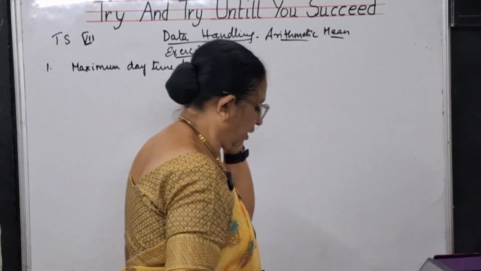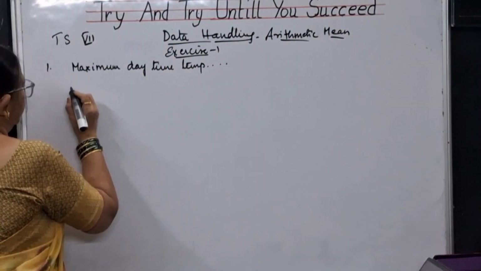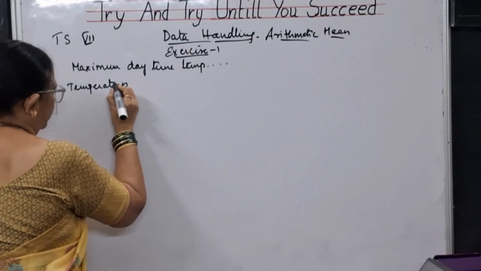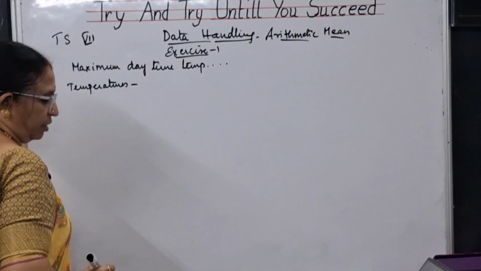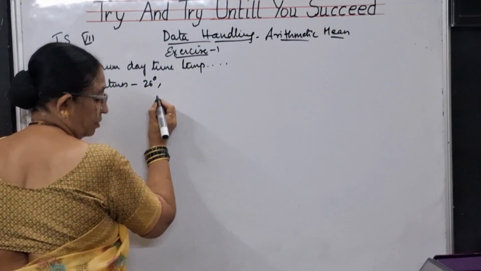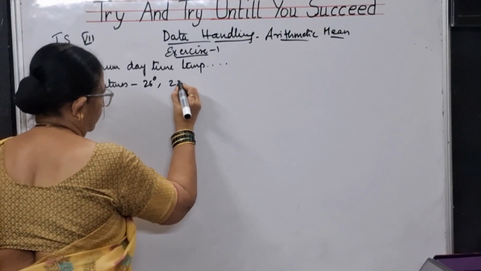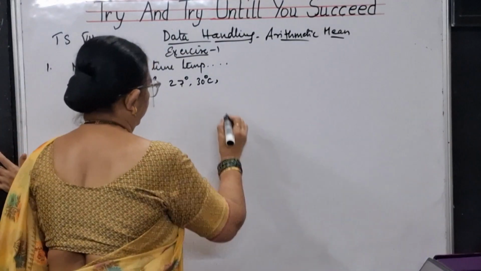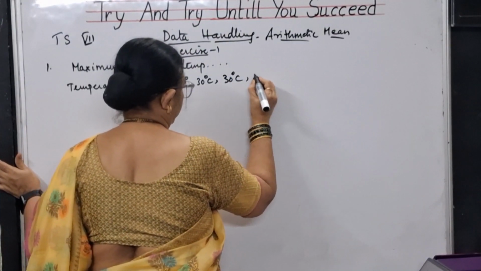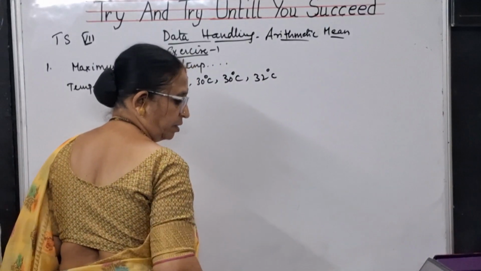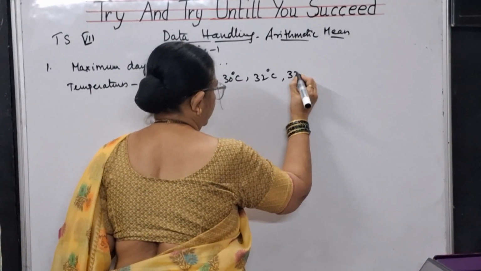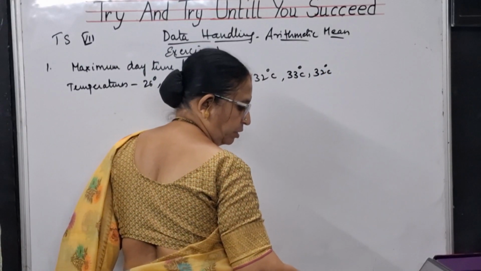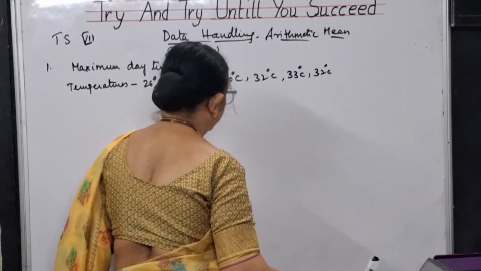So, first let us write down the temperatures. Temperatures are given as 26 degrees, 27 degrees, 30 degrees, again 30 degrees, 32 degrees centigrade, 33 degrees centigrade, 32 degrees centigrade. 1, 2, 3, 4, 5, 6, 7.